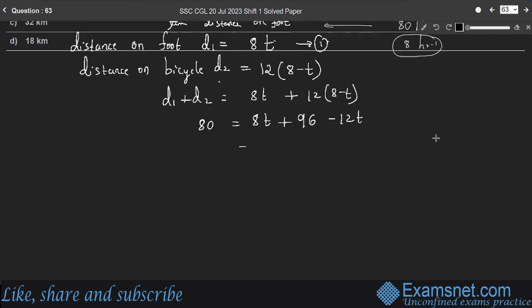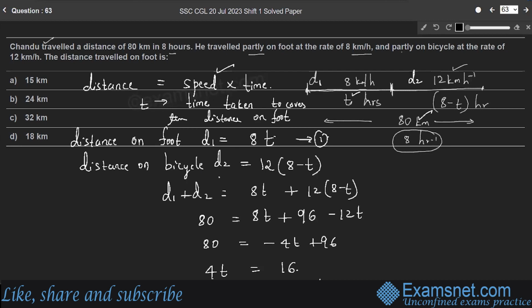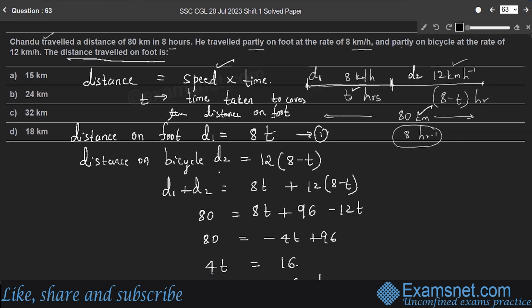Take the minus 4T to the LHS, it becomes 4T is equal to 96 minus 80, which is 16. So T is equal to 16 by 4, which is 4 hours.